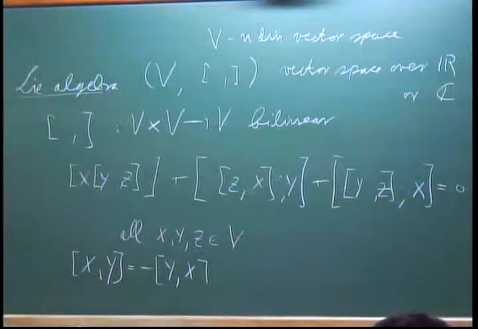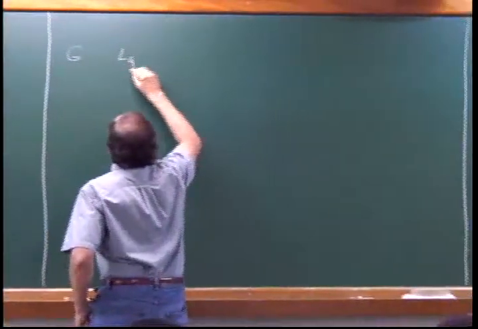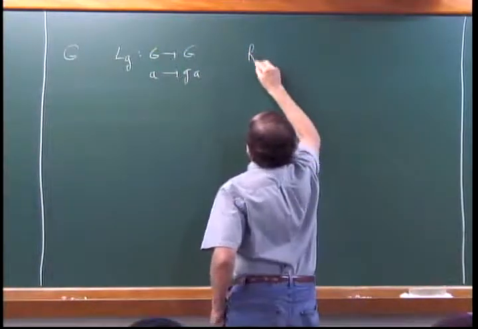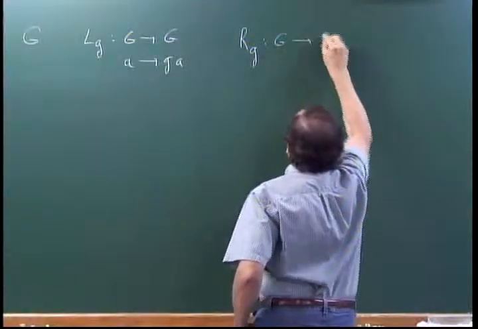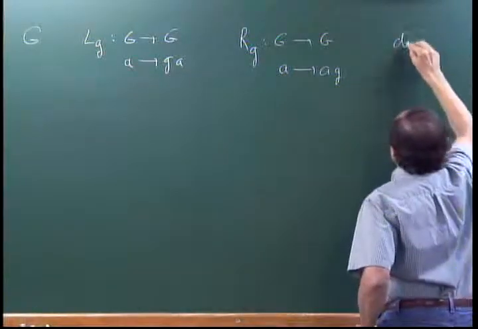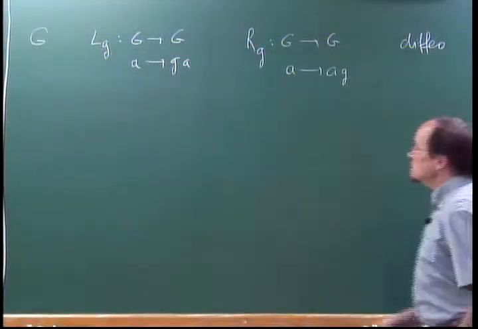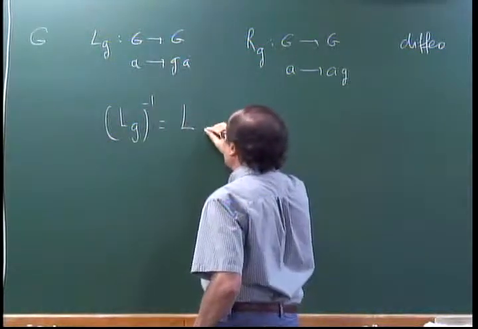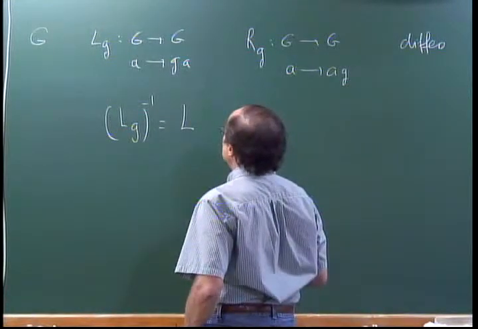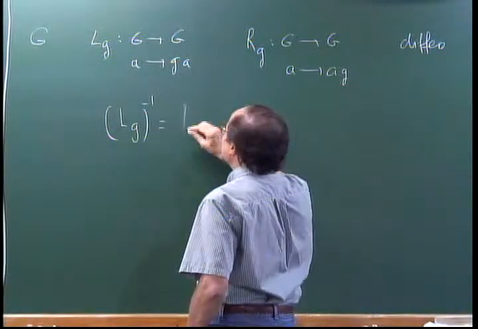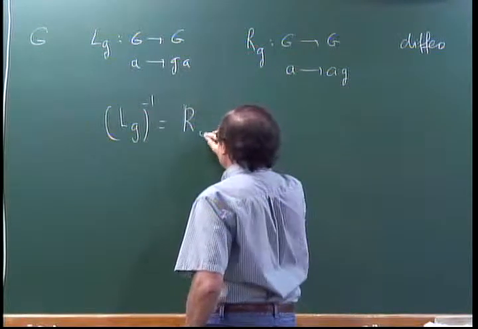Okay. So when I have a Lie group G, I have left translations and right translations. These are clearly diffeomorphisms. The inverse, what is L_g inverse? That's just multiplying by g inverse, right multiplying.